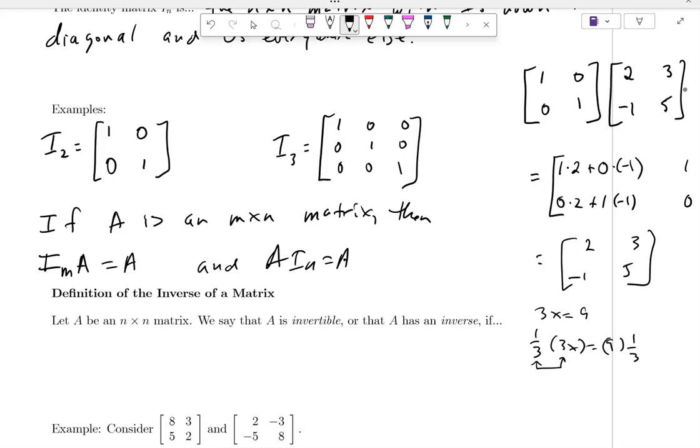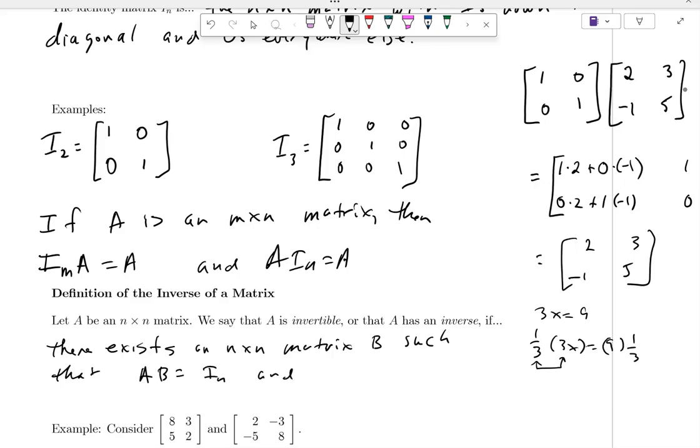We say that A is invertible, or A has an inverse, if there exists a matrix B such that A times B is the identity and B times A is the identity. It's what you multiply by to get back to the identity. That's what an inverse is.